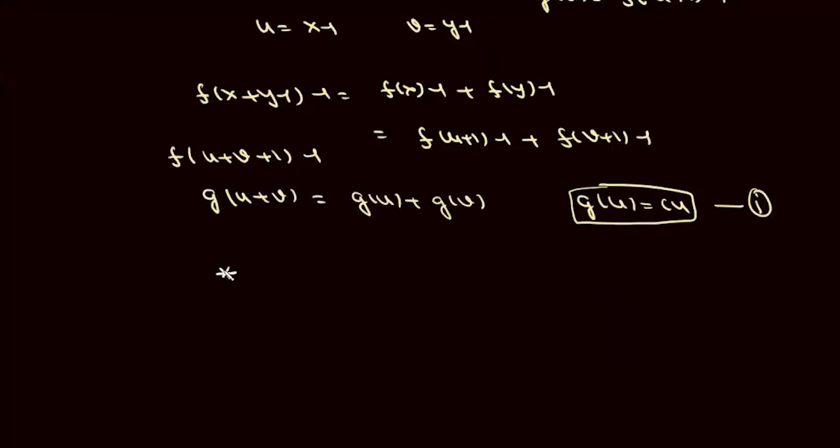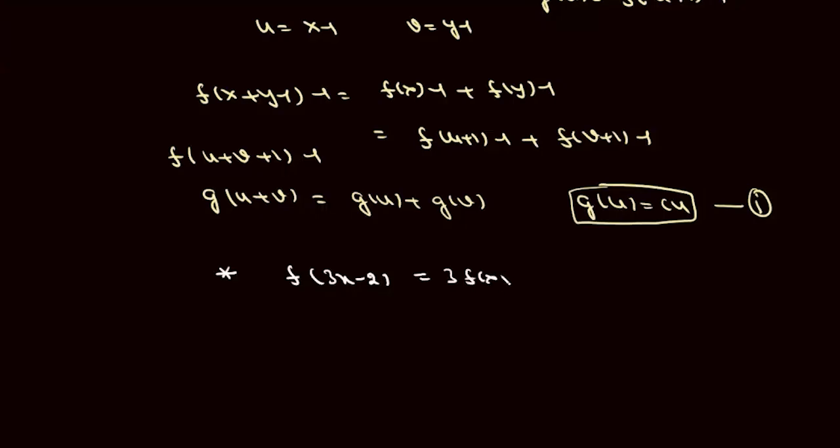This first equation, f(3x - 2) equals 3f(x) - 2. Now we subtract s.